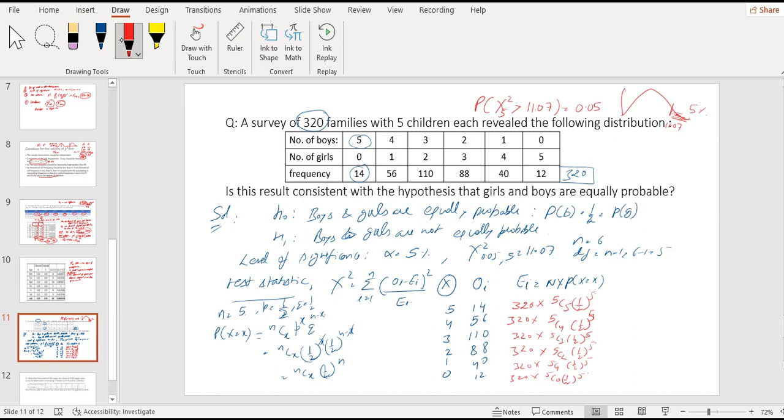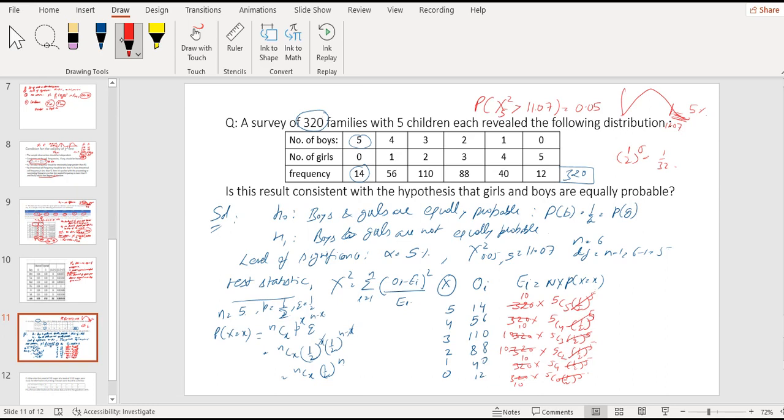So (1/2) raised to the power 5 is 1 by 32, and it is 320, so we are left with 10 only. This is 10, and so on for each term.